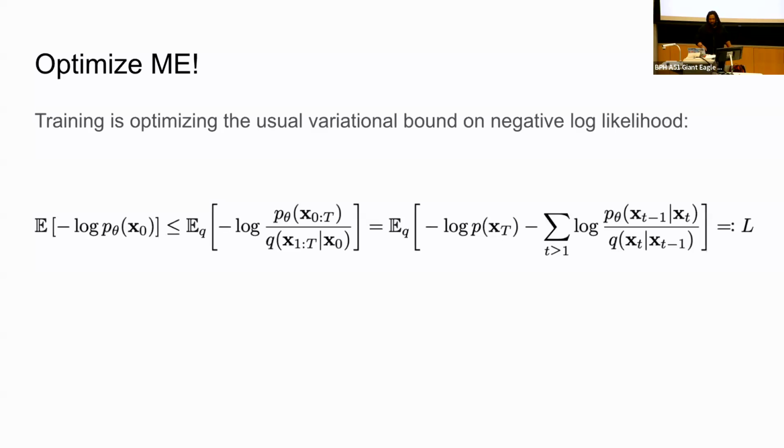Usually the log likelihood is greater than or equal to the ELBO, the evidence lower bound. So I guess this would be like the evidence upper bound in this sense, because we have the negative of it. Regardless, it's a nice assumption that we can make to make our lives easier.